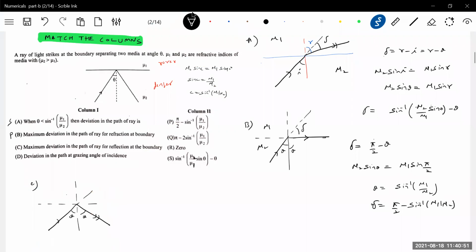This should be pi minus... actually the ray will undergo TIR here. 180 minus 2 theta, so the deviation will be 2 theta. So here mu2 sin theta should be equal to mu1.